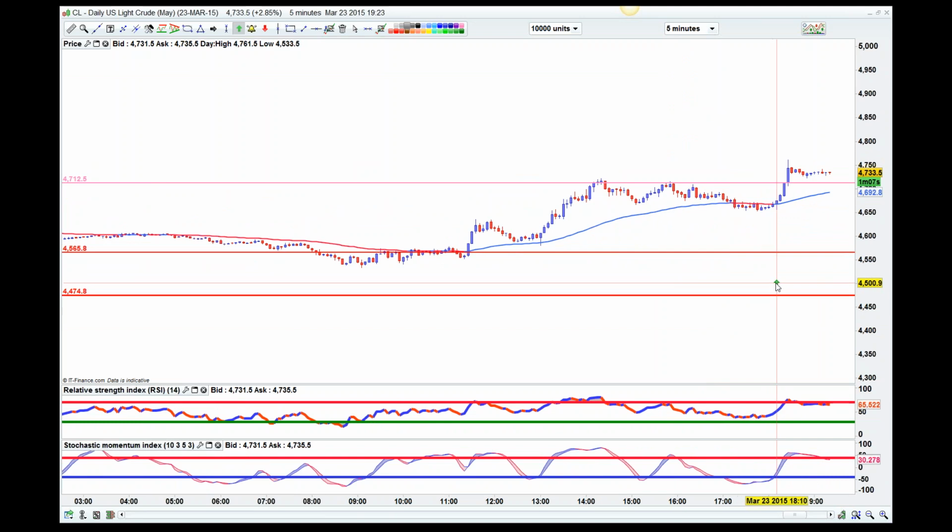We had a hammer into the last half an hour, and this was the opening range, the opening 5-minute range, and we sped up to 47.17 an hour and 20 minutes later.